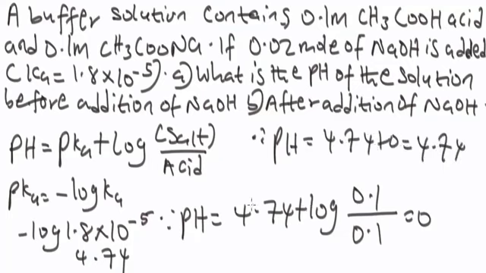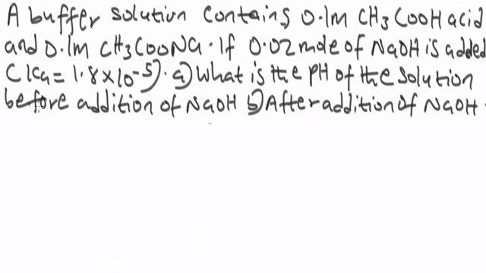Now let's solve for the pH after addition of sodium hydroxide. The concentration of the conjugate base, that is the salt, will increase by 0.02, whereas the concentration of the acid will decrease by 0.02.